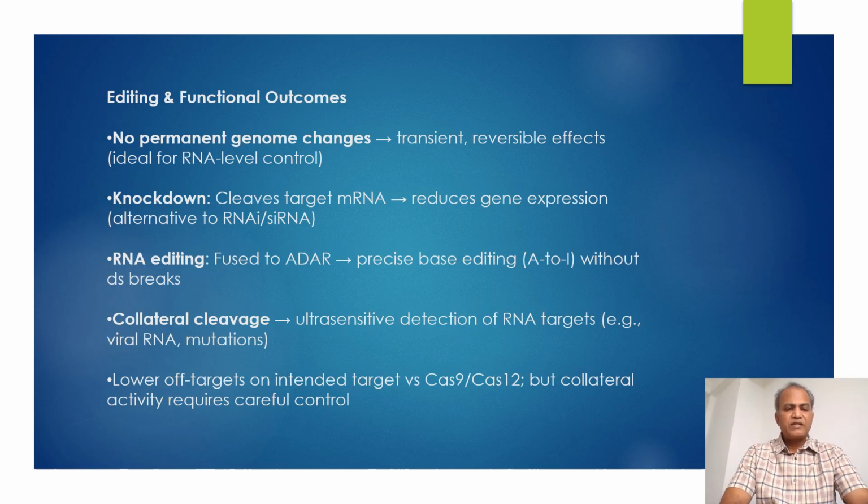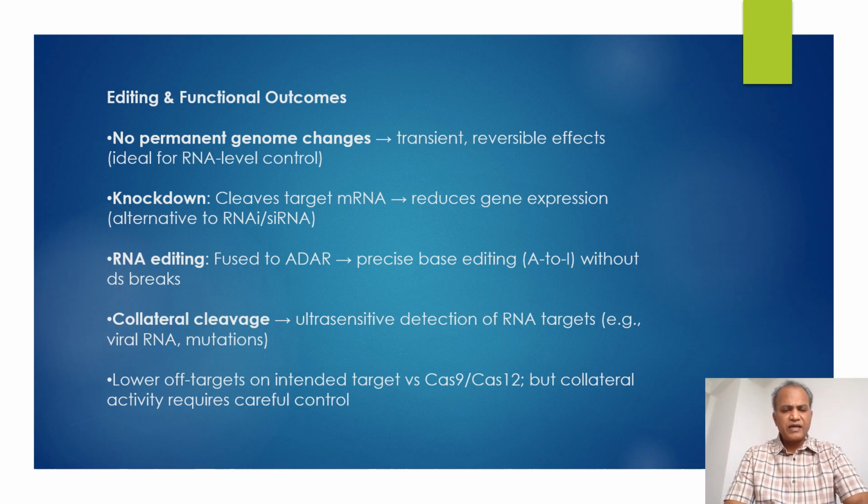So what are the editing and functional outcomes of these Cas13a systems? Here there are no permanent genome changes. That is the main advantage. Next is knockdown at the mRNA level. It cleaves the exact target mRNA, thereby it prevents or reduces gene expression, similar to small interfering RNA.